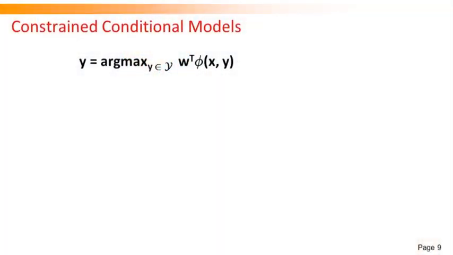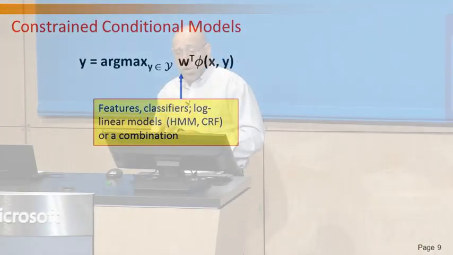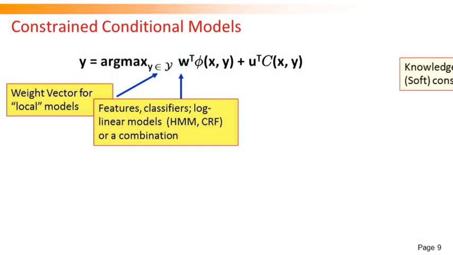So in natural language processing, we all got used to thinking about linear models or log linear models of the type I see here, where what I have is a collection of features or classifiers, if you want, or log linear models themselves, and a collection of weights that weigh these models. And this is how we make these decisions. I'm going to add another component to this linear model, which is going to allow me to model knowledge.